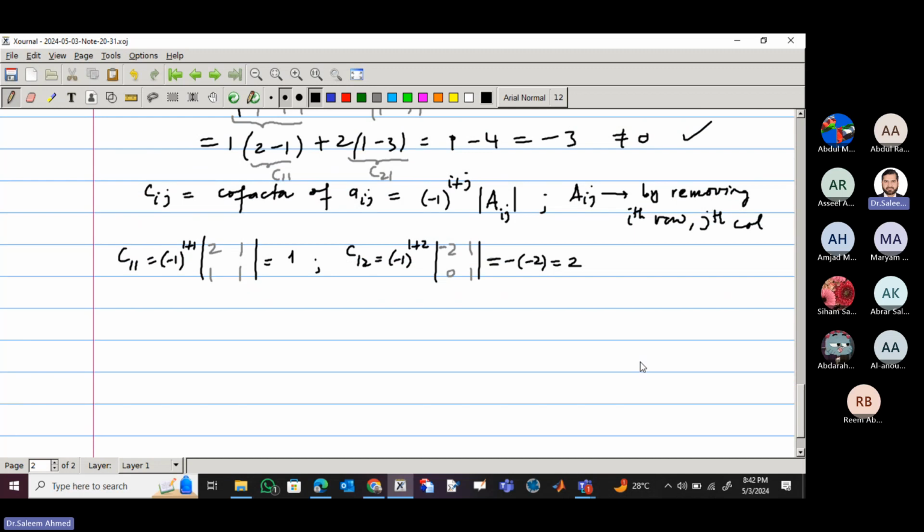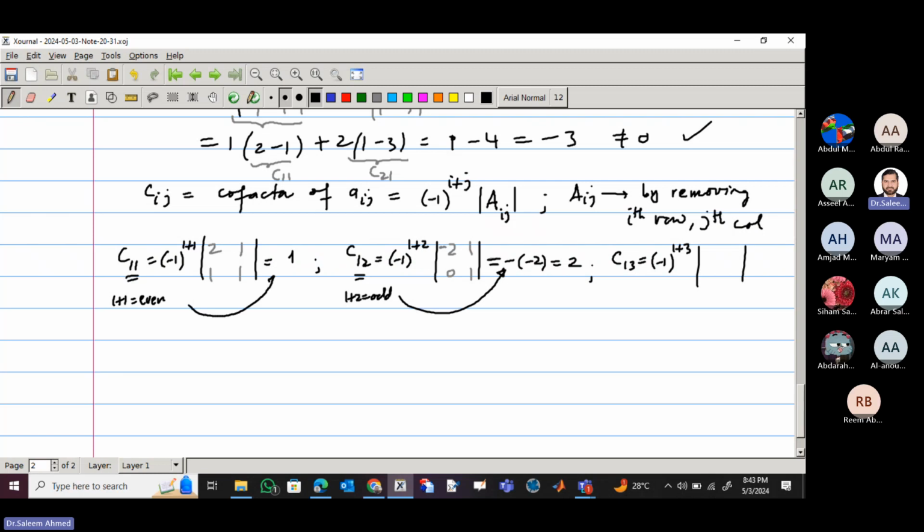Then the third one is C13. C13 is minus 1 to the power 1 plus 3, which is again positive. So see, whenever i plus j is odd, you will write a minus sign, right? So 1 plus 2 is odd. Odd gives you minus sign. 1 plus 1 is even.